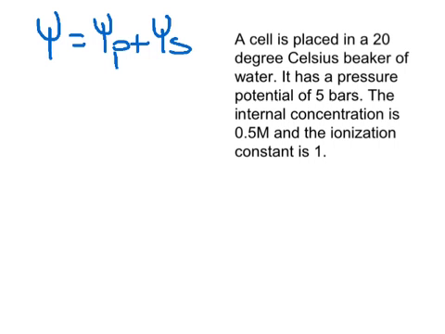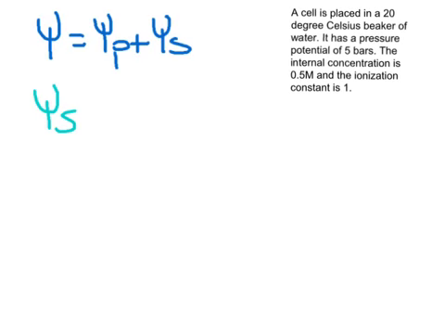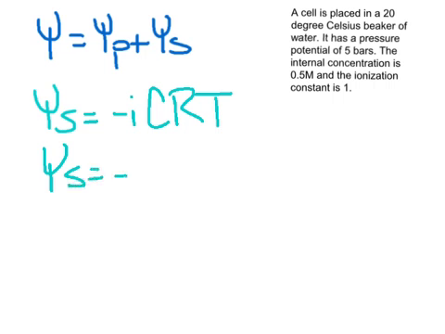All right, the first thing that we need to do for this problem is solve for solute potential. Okay, so we know that solute potential is equal to the negative ionization constant times CRT. Okay, let's solve. Solute potential is equal to -1 times the concentration in molarity, which we know to be 0.5, in moles per liter.